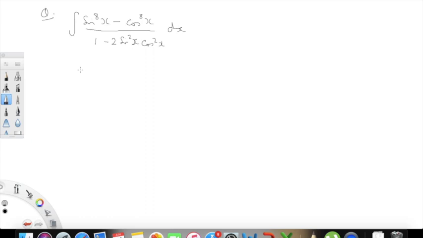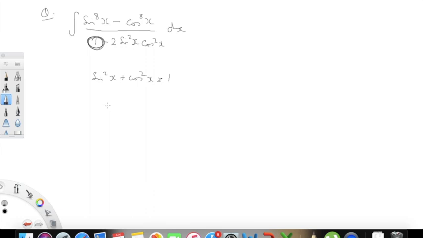And okay, now to begin with. Now again, like the previous question, this one seems to create some problems, right? So what we can do with this one, we know sine square x plus cos square x is equal to 1, right?